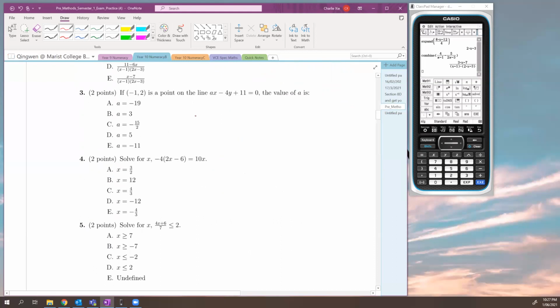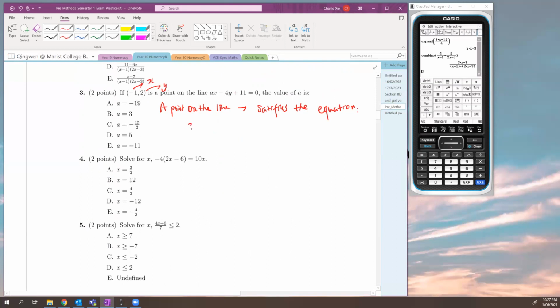If a point is on the line, this point satisfies the equation, which means if you put this -1 into this equation, you're going to get its corresponding y value as 2. So that's your x and that's your y.